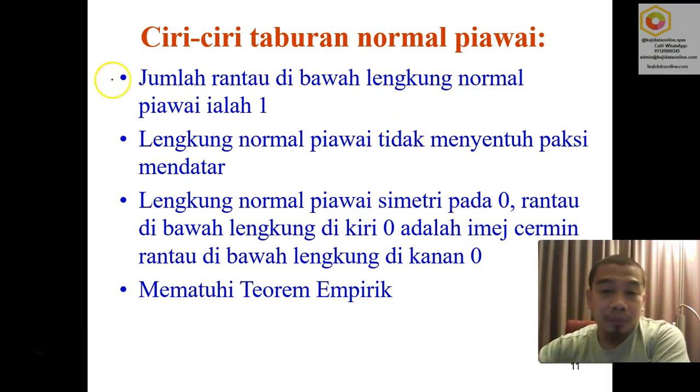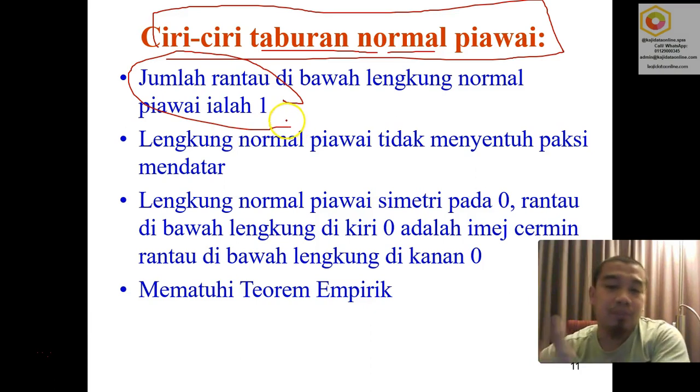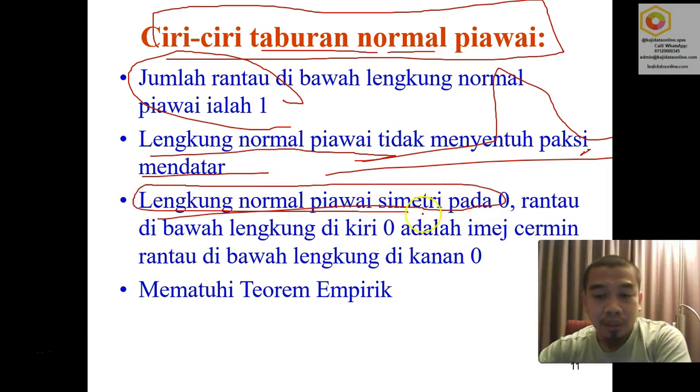Okay, so we are going to discuss the characteristics of the standard normal tabulation. The total area is equal to 1, as I mentioned before. The curve does not touch the axis of x because it has the asymptote element, and the symmetrical element is centered at 0, the mean, which we can call the center of the data.